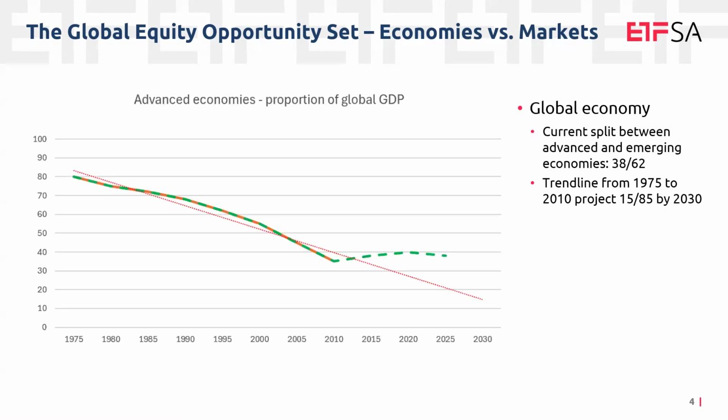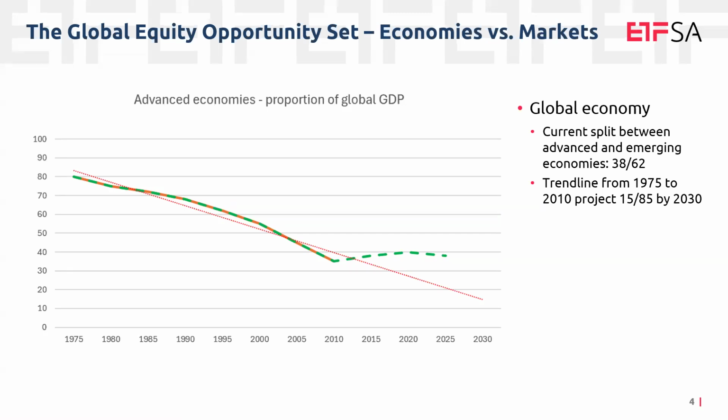And if we look at the long-term trend line in terms of the proportion of advanced economies or developed market economies relative to emerging market economies, you see that since 1975, we've seen this split all the way up to 2010, really on a trend line that would project that by 2030, that split should be just 15% from developed markets and 85% from emerging markets. That's certainly not our sense of how we think about the world.